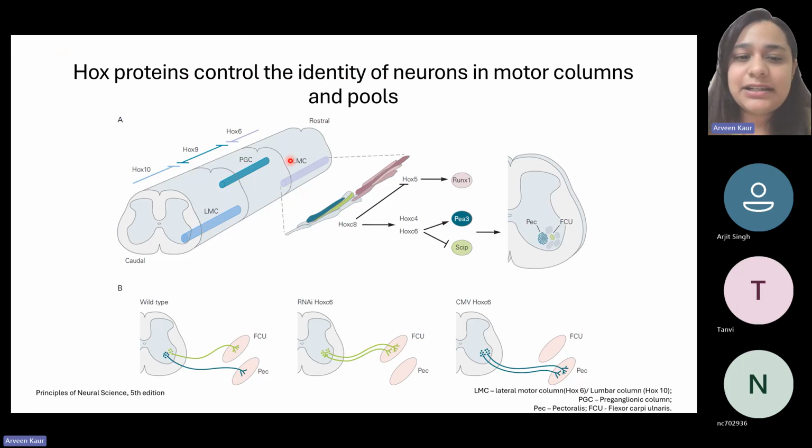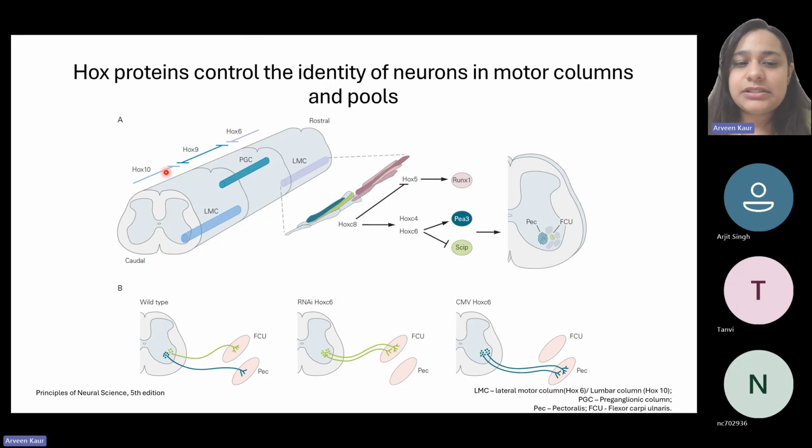You can see that there are three sections in the spinal cord that have been isolated. These three sections have different kinds of Hox genes that are acting over here. Section one, represented in this lavender color, has the HOX6 gene, and it is responsible for the lateral motor column, the LMC, which is associated with HOX6.